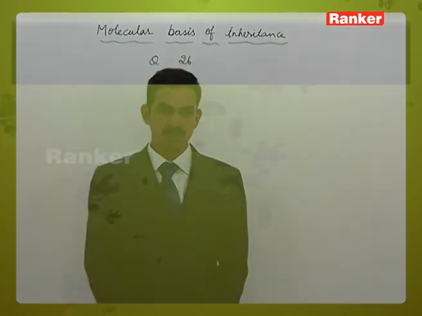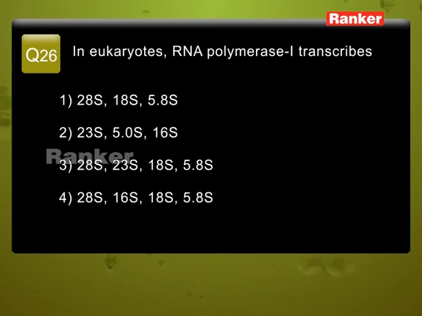Question number 26. In eukaryotes, RNA polymerase 1 transcribes, options: 1. 28S, 18S, 5.8S, 2. 23S, 5.0S, 16S, 3. 28S, 23S, 18S and 5.8S, 4. 28S, 16S, 18S and 5.8S.